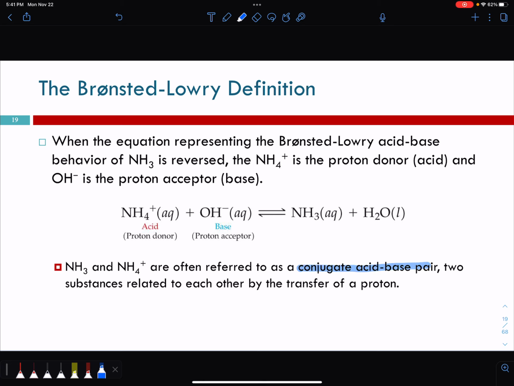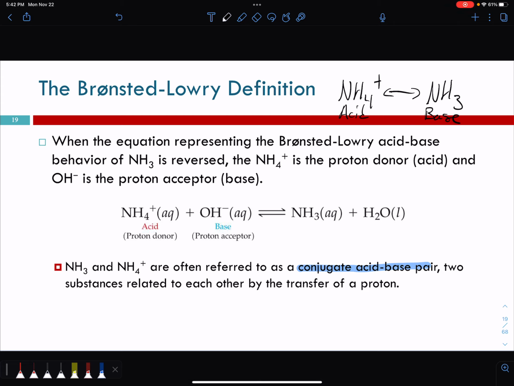So this is different from water, because water can go either way. It can accept a proton from water, or it can be water and donate a proton. NH4 only goes back and forth. So you have NH4 plus, this is the acid, and then NH3, this is the base.